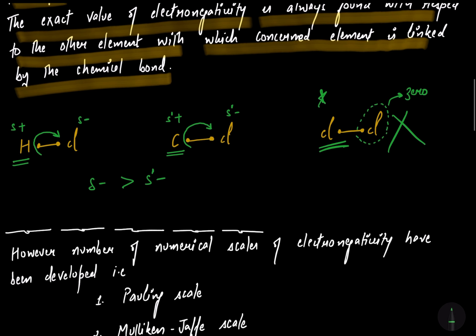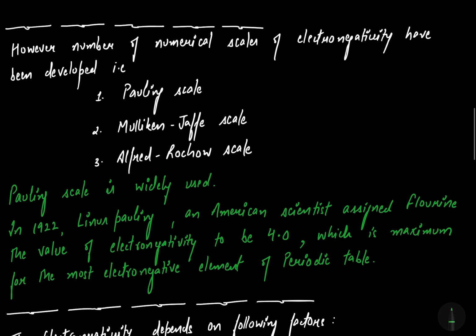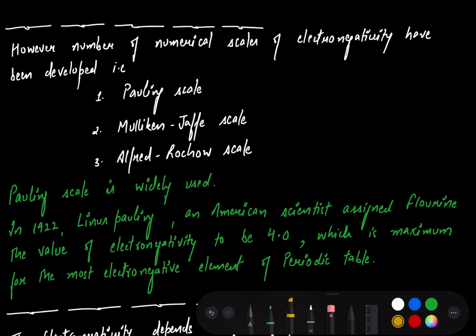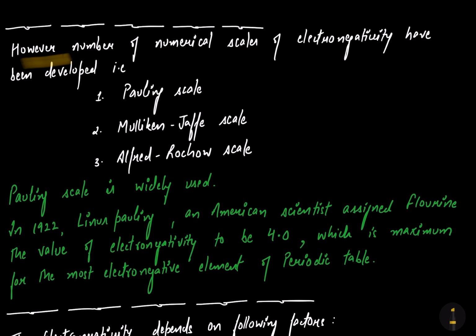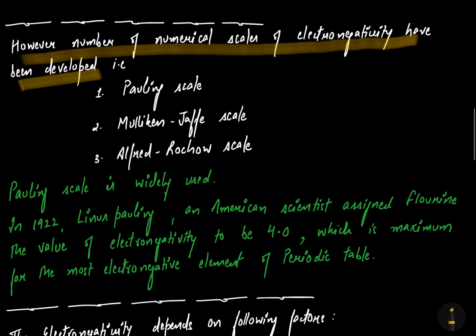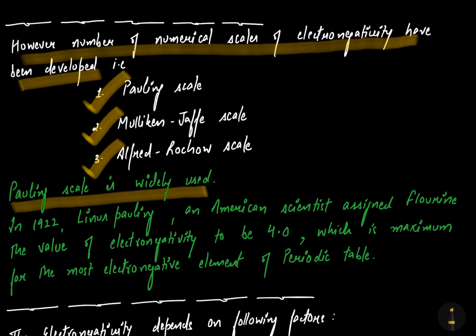Now let's talk about different numerical scales of electronegativity. A number of numerical scales of electronegativity have been developed. The very first is the Pauling scale, the second is the Mulliken-Jaffe scale, the third is the Allred-Rochow scale. Now, the Pauling scale is widely used.